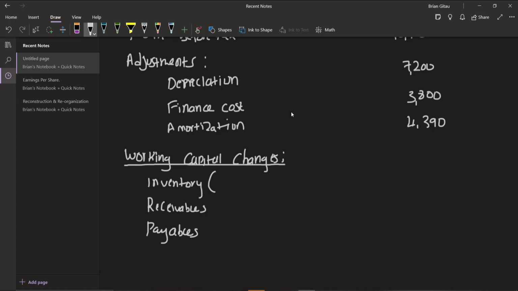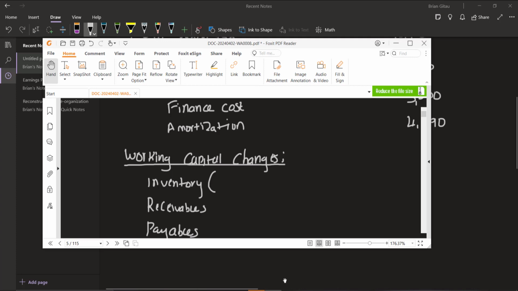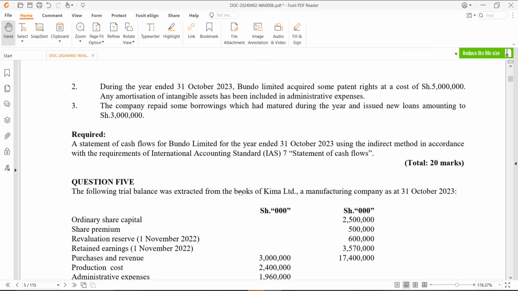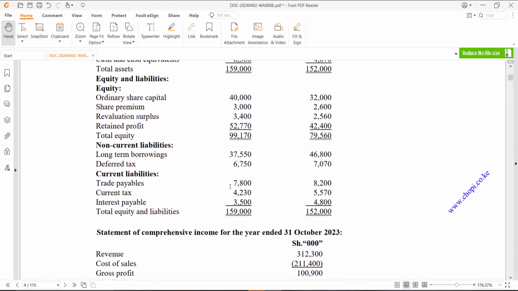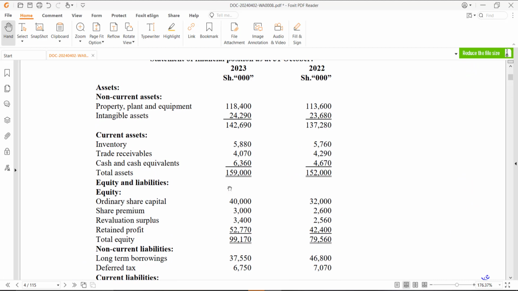For inventory, we are going to check whether the inventory has actually increased or decreased. If inventory has increased, this means that we have spent money to purchase inventory. So if we have spent money, then we are going to less. Let's check. From our balance sheet, from 2022, we had 5,760 and 5,880.